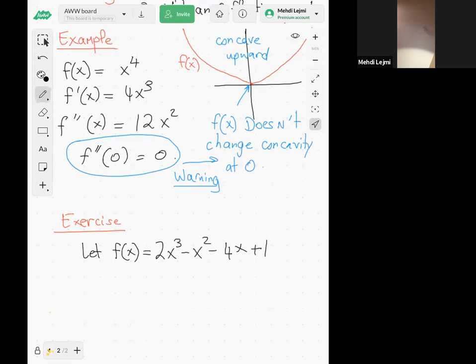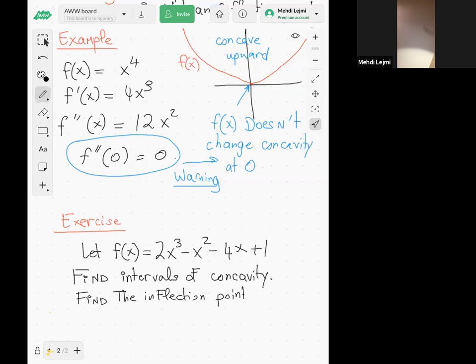So the question is to find the intervals of concavity, where the function is concave downward and where the function is concave upward, and also find the inflection points. To find the intervals of concavity, guys, you have to study the sign of the second derivative.